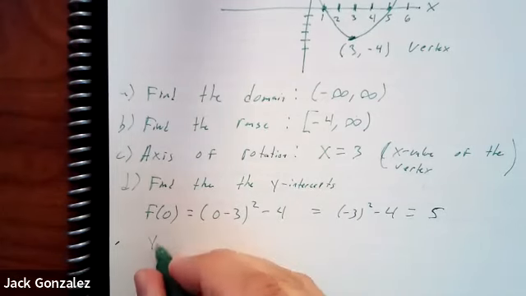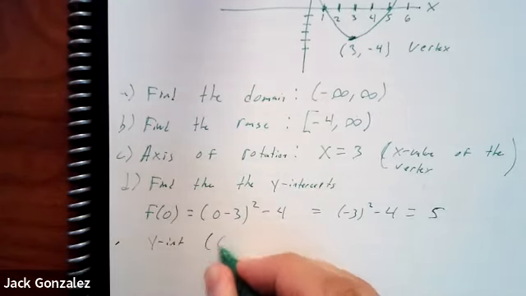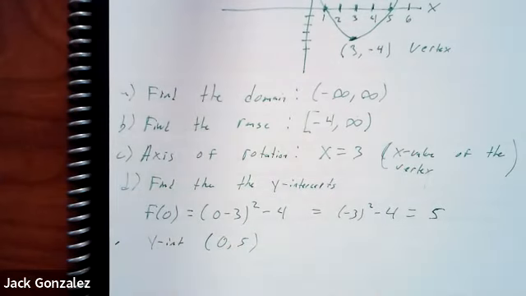So the intercept is (0, 5). Any questions so far?